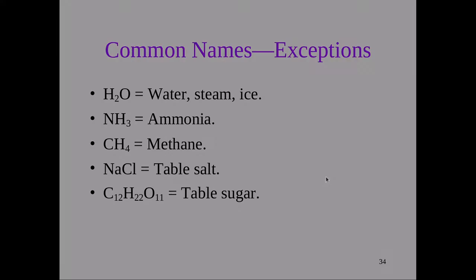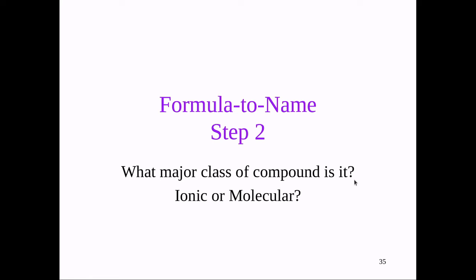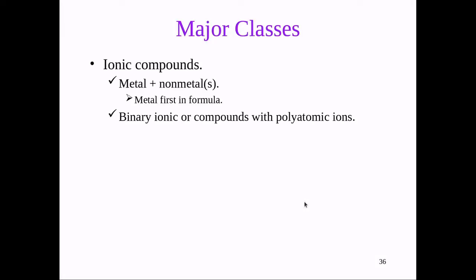But if that's not true, then we have to go to step 2. And the step 2 is basically we're going to try and break it up into some boxes. So we want to know, what major class of compound is it? Is it an ionic or is it a molecular? Ionic compounds are going to contain a metal and a nonmetal, okay?